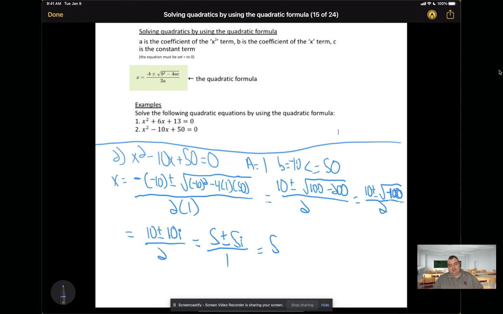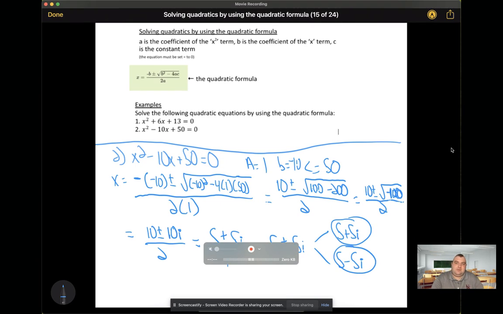So that gives me a simplified answer of 5 plus and minus 5i, which means my two solutions are going to be 5 plus 5i and 5 minus 5i. So those are my two solutions to number 2, and that is it for lesson 18.